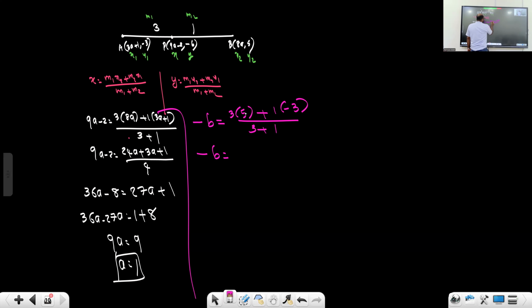Minus B equal to 15 minus 3 by 4. 12 by 4 how much? 3. But it is minus B. Therefore, B equal to how much? Minus 3. Minus B equal to 3. So, B equal to what? Minus 3. Tell me, anybody have any other question?